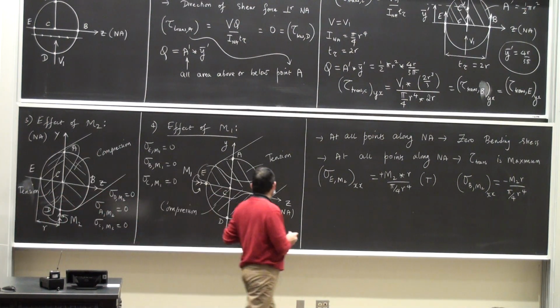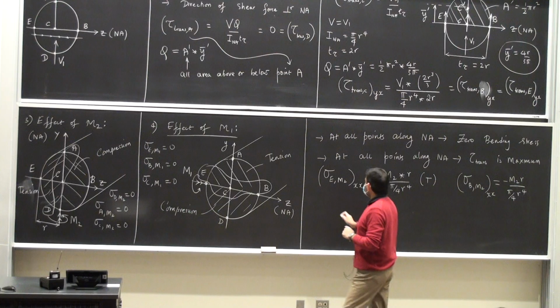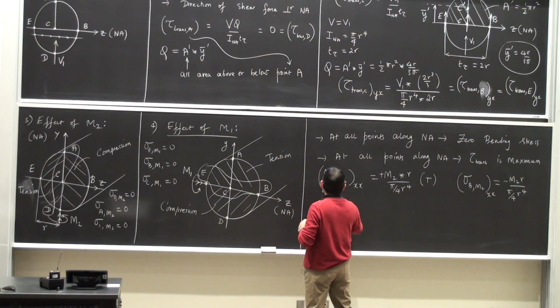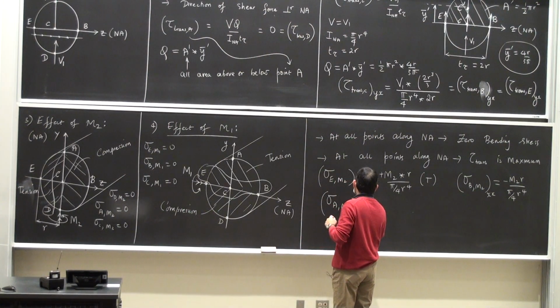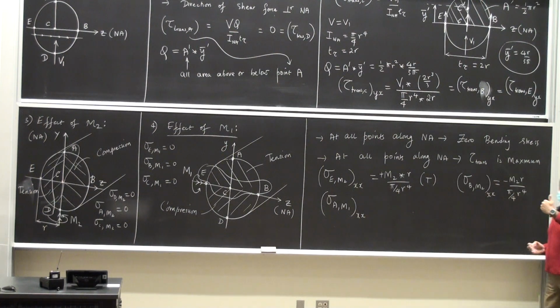Tensile, compressive. So sigma A due to M1, once again in the XX direction, because the area normal is X, I know what the second index for the bending stress is. I automatically know the first index. It has to be the same.